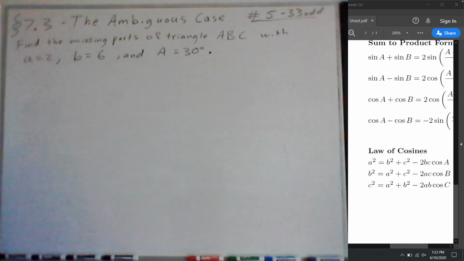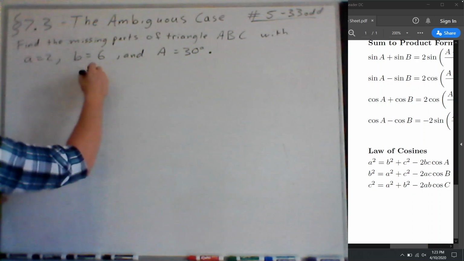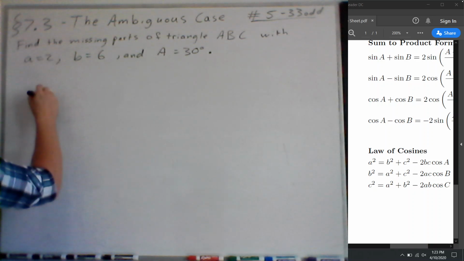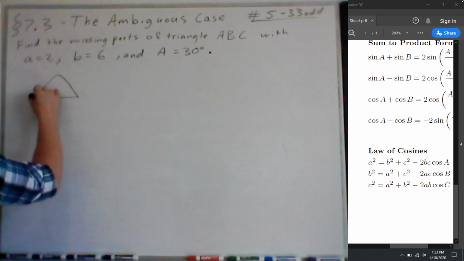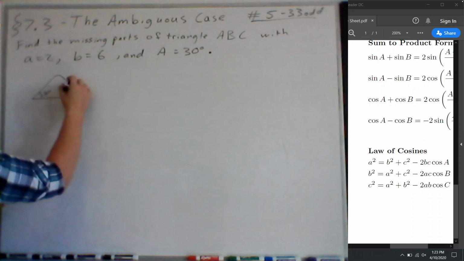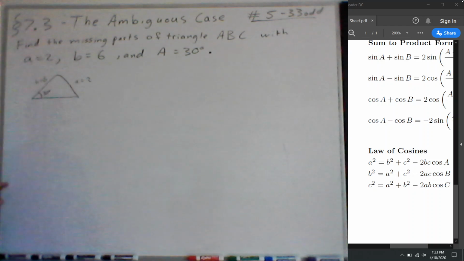We'll withhold the units on this one because we just want to see the general strategy here. So rather than doing law of sines, let's try this with law of cosines. So again, I'll draw a general triangle with capital A here at 30 degrees, which puts little a here at 2 and little b here at 6.